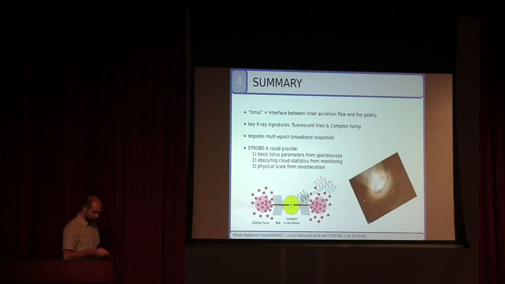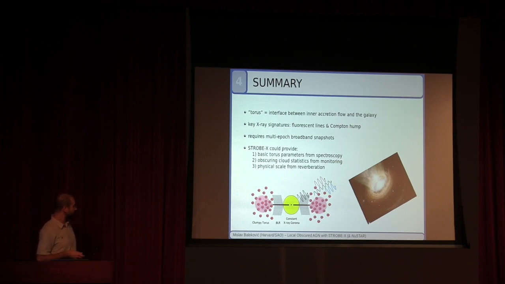So just to summarize, what I've talked about is the torus, which broadly I refer to as anything between the disk scale and the outer part of the torus, which could be 100 parsec scales. The key signatures are in the LAD band, also the NuSTAR band.